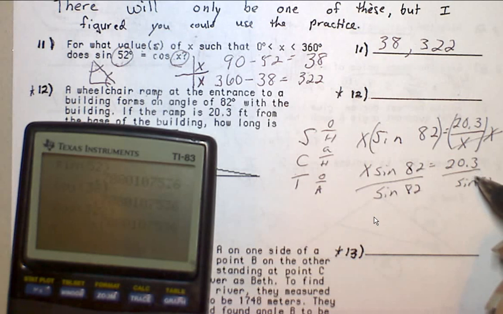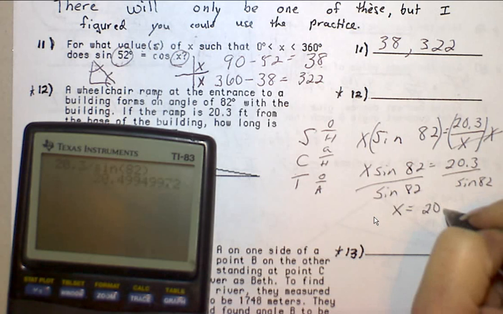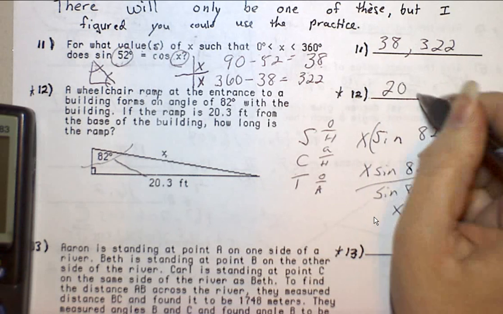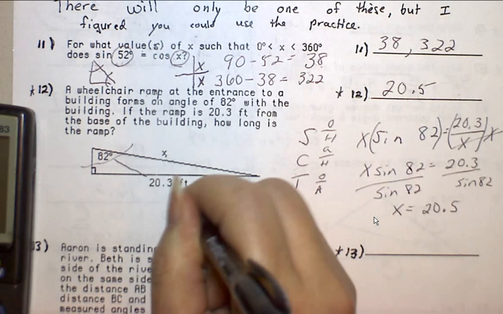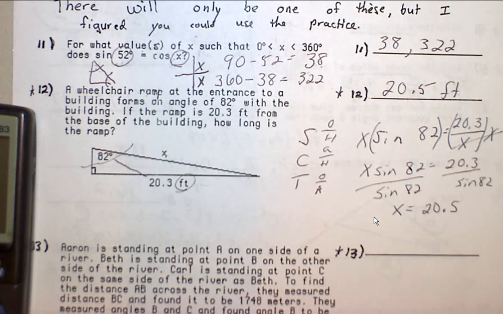So I'm going to go 20.3 divided by sine of 82. So I have x is equal to 20.5. And since this says feet, that means that this is also feet, because it was given a unit.